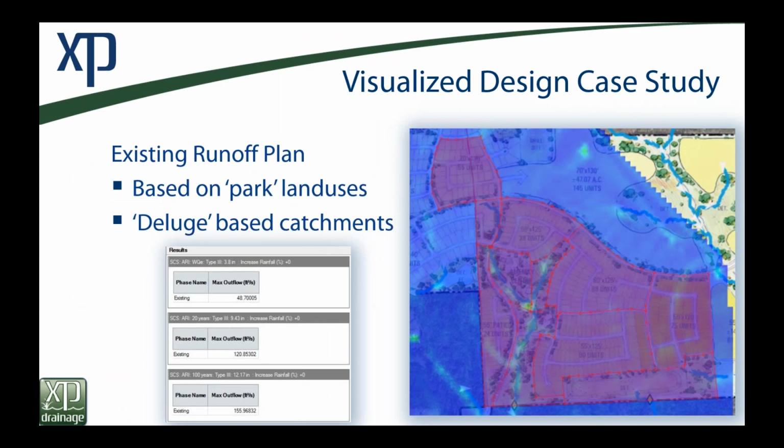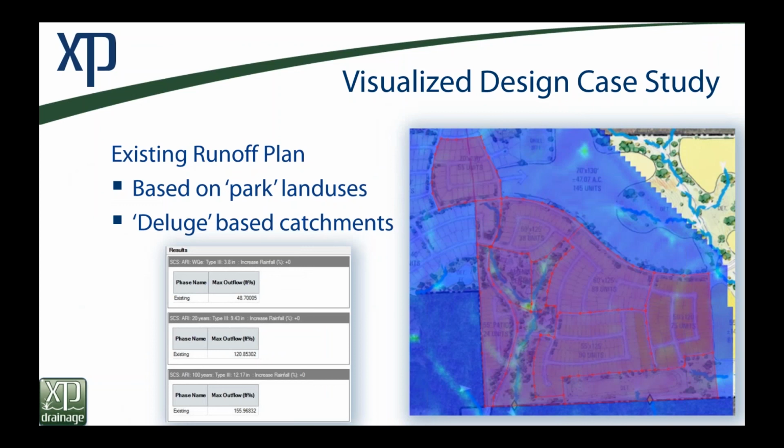So we look at the existing runoff plan. What I'm showing on the screen now is what we would call deluge. So we deluge the site, applying a little bit of rainfall to the site. It's a very quick, 1 second long calculation of 2D surface flow.